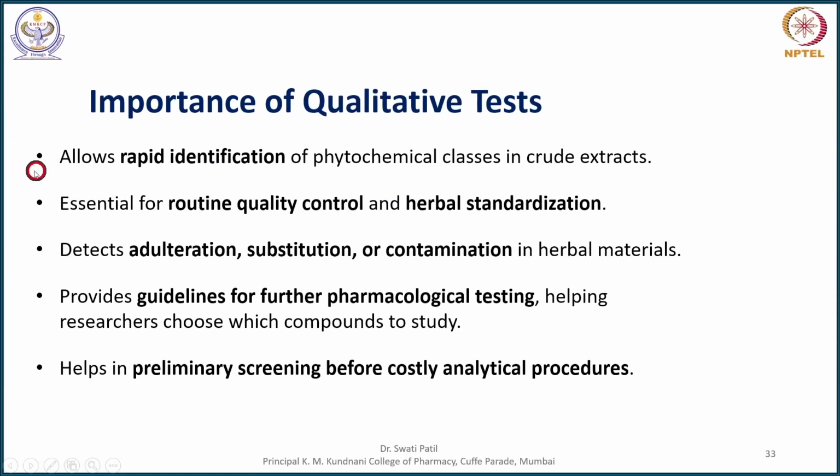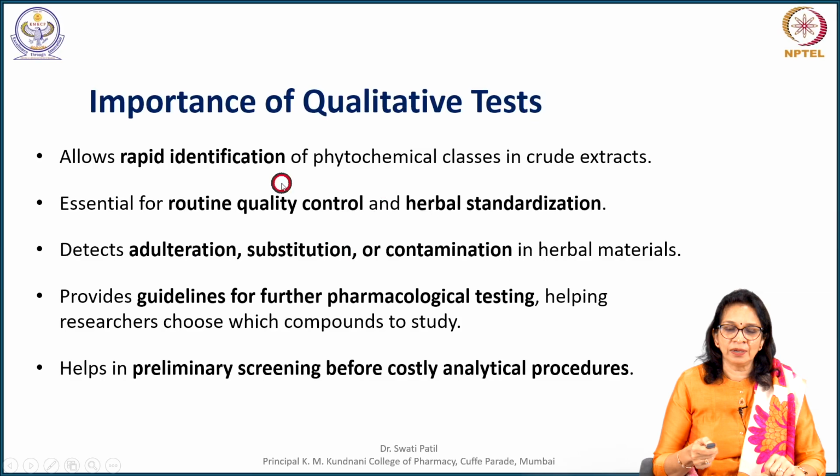Importance of these qualitative tests: it allows rapid identification of phytochemical classes in crude extracts. It is essential for routine quality control and herbal standardization, helps us detect adulteration, substitution or contamination, and provides a guideline for further pharmacological testing.